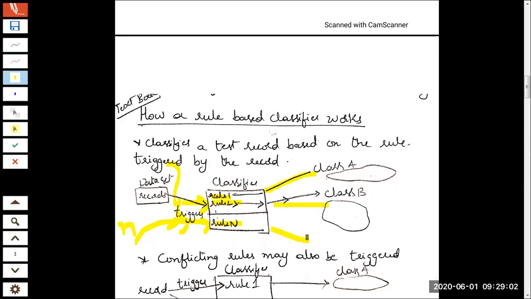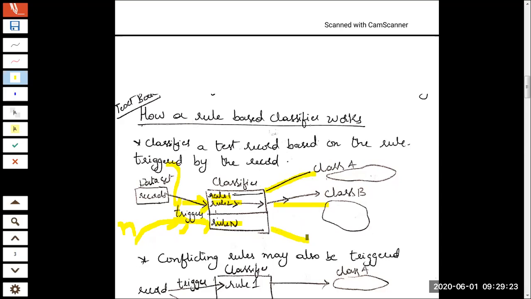Once again, I'm repeating, a rule-based classifier will construct rules. How are rules built? They are not built randomly, but based on the historical data. The classifier is trained, and in this training process, the classifier will identify the rules, the rules for the game.